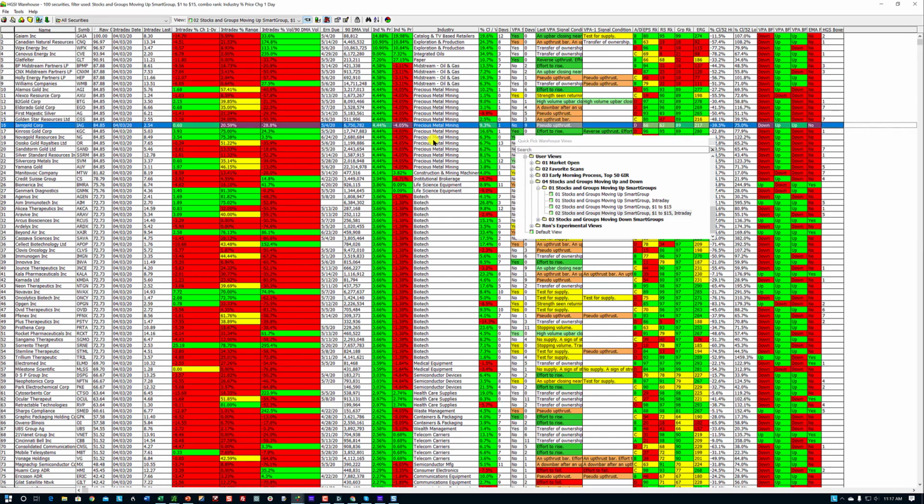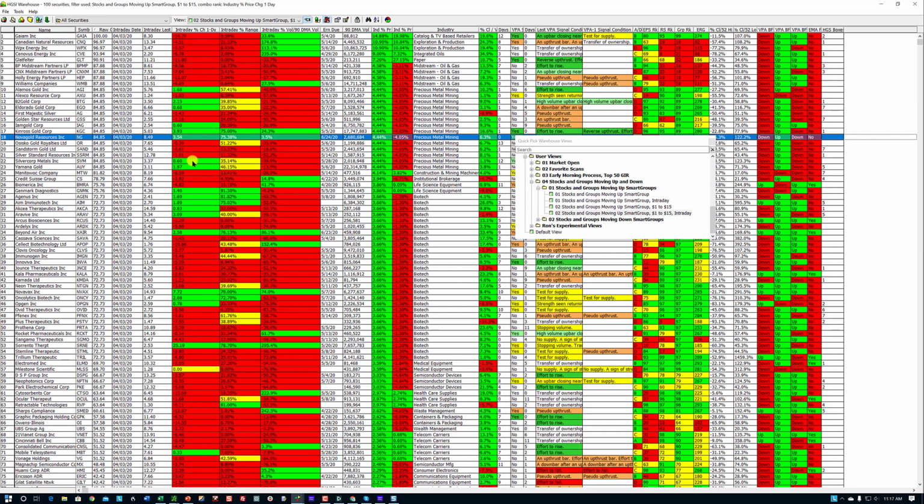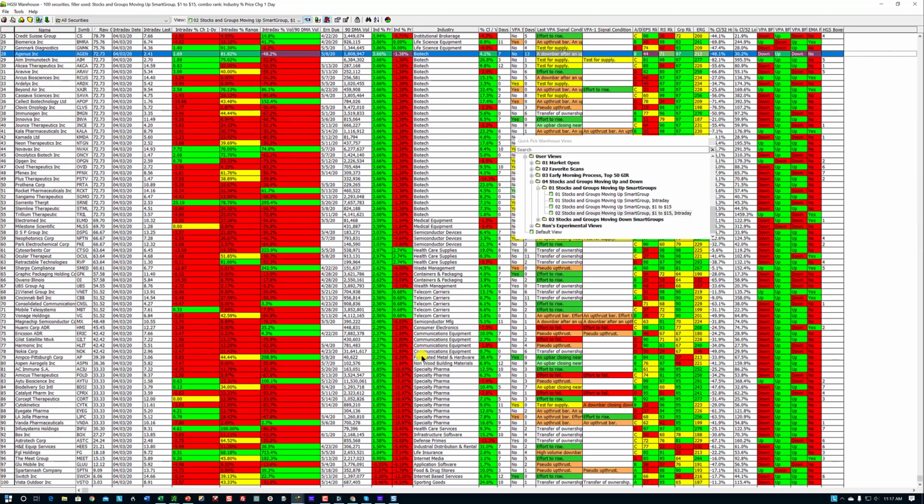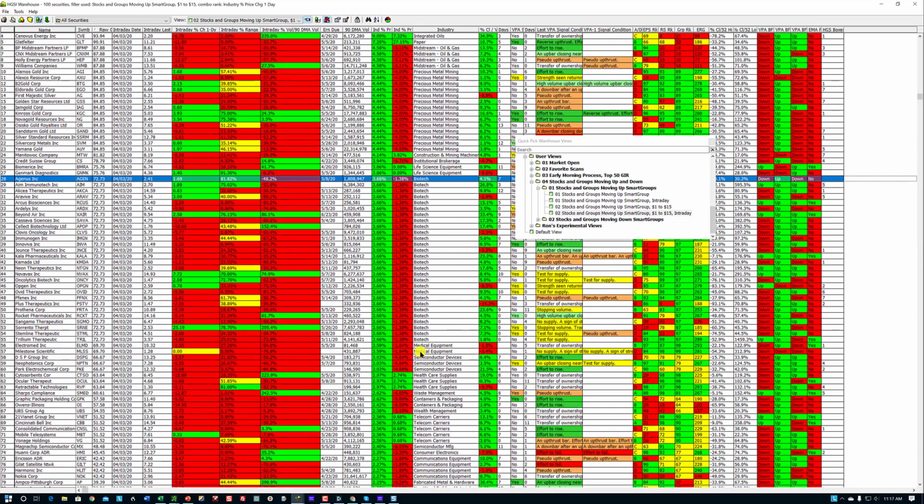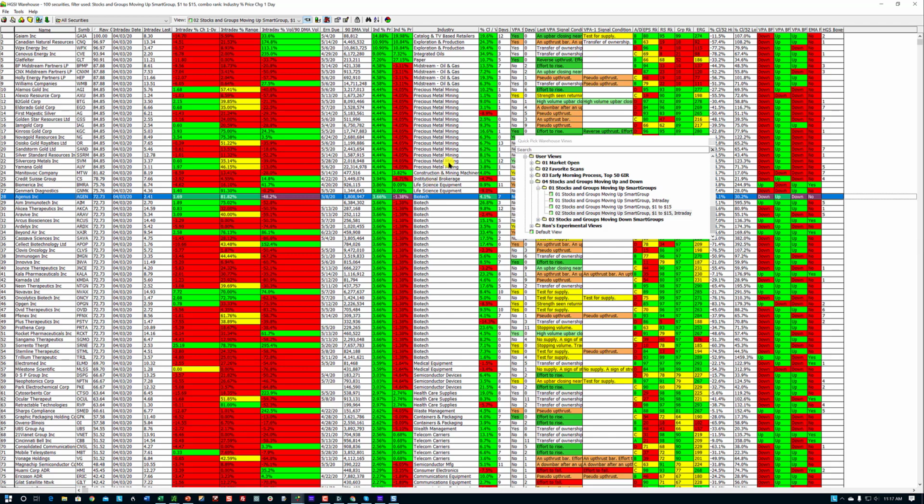Remember, this is $15 and under. Some of them are up. In fact, several of them are up. Biotechs, some of them are up. Many are down. As I scroll down the list, there's just not a lot of stocks that are following through.